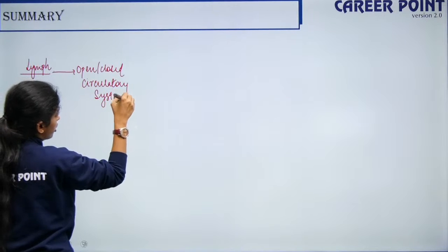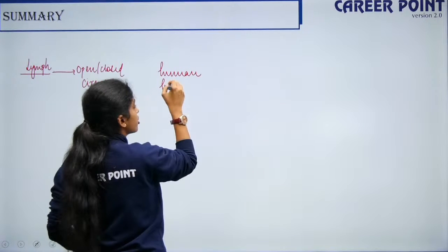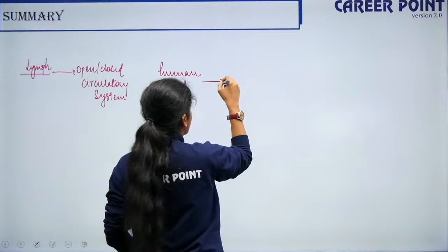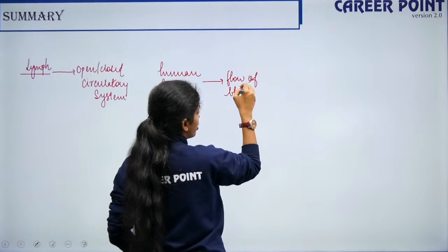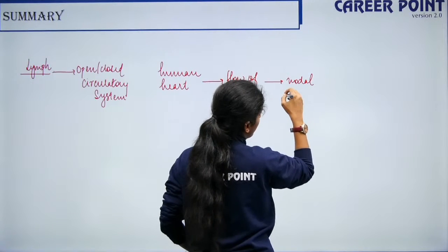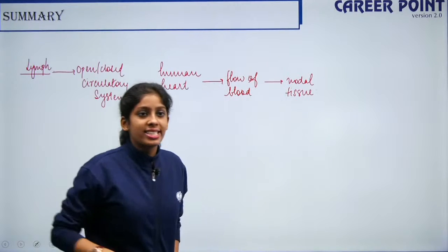Then we spoke about the structure of the human heart: the membrane, the walls, etc. Then we spoke about the flow of blood inside the heart, in which direction it flows. Then we spoke about the nodal tissues. So I guess this is the summary.